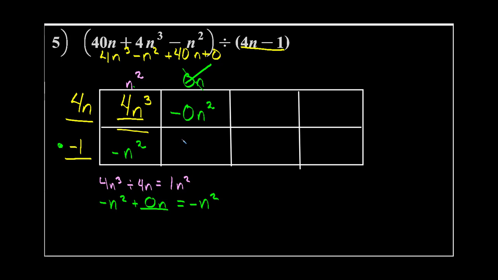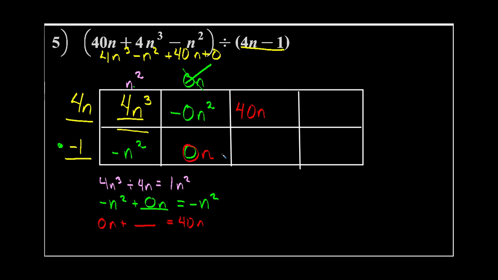You don't technically need to write the 0 in. That's not one that's there, but it's just a placeholder. And if I have 0 times anything, it's 0. So that gives me a 0n down there. So 0n plus what is going to give me 40n? The answer is 40.